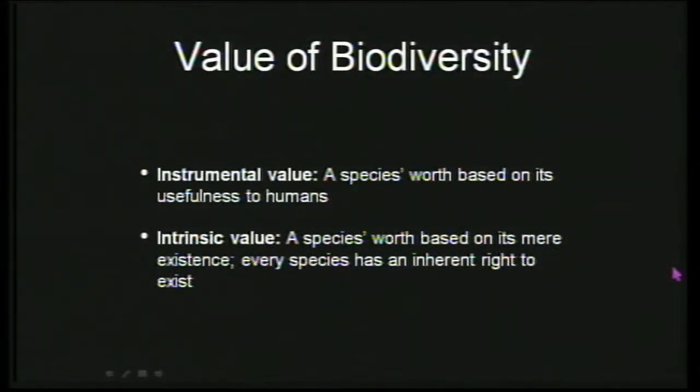How is this organism going to help me? It's all about our benefit. Let's talk about intrinsic value. Intrinsic value is a species' worth based on its mere existence. Just because it exists, it should be valued as such. But we are not giving enough importance to this intrinsic value of organisms or biodiversity. We are focusing more on the instrumental values, how the organisms are going to help us, what they are going to provide us.